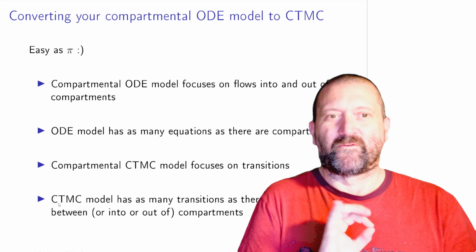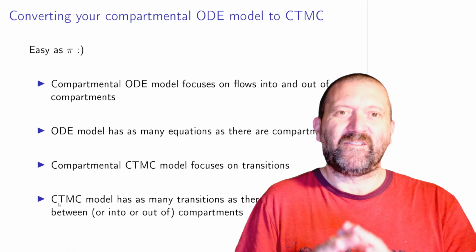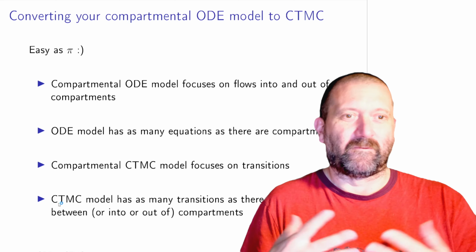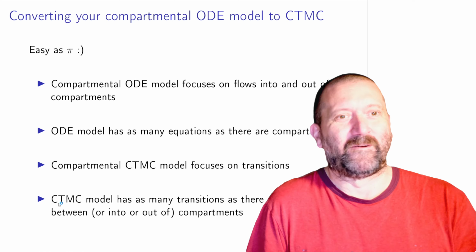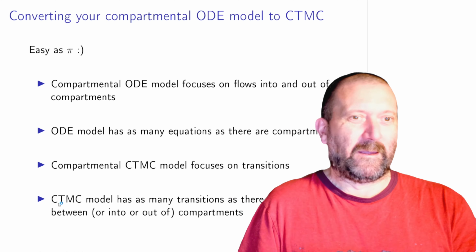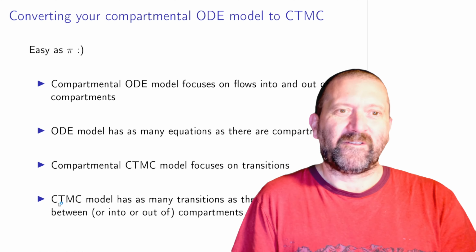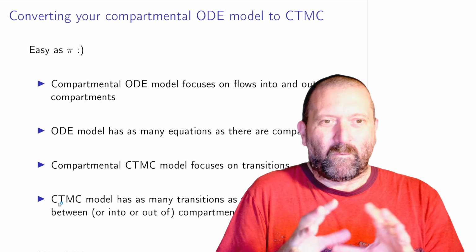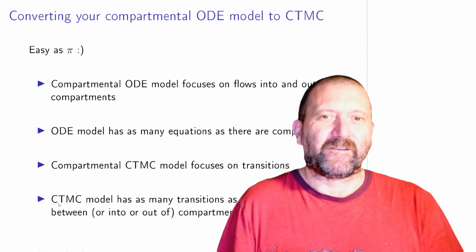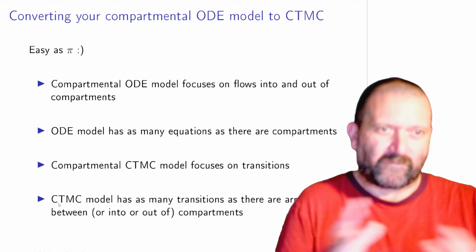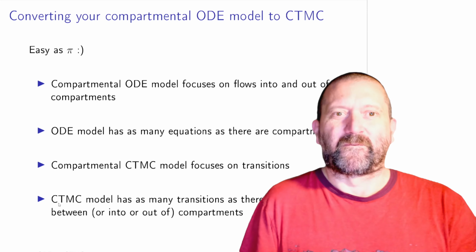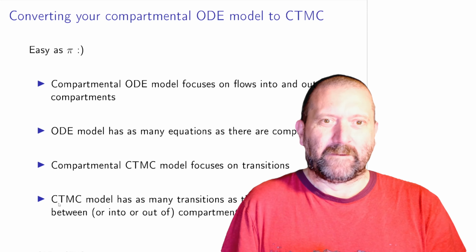Okay, this is not true for all ODEs, but at least when you're using a compartmental ODE, so the ones that arise, for example, in many ecological or epidemiological applications, when you have something that's compartmental, it is very, very easy to do the conversion, to obtain a continuous time Markov chain from the ODE.